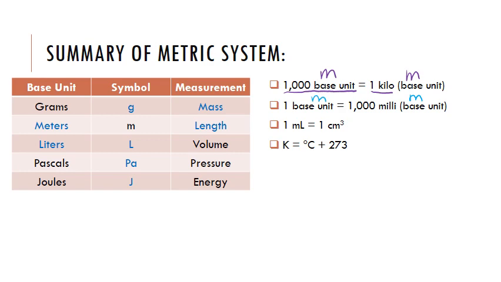So you've probably heard of other prefixes. For instance, another base unit we won't use in chemistry, but you might be familiar with in your life, is the byte. So we measure data on our phones and computers in bytes. You might have heard of megabytes. So mega is 1,000 times bigger than a kilo, so it's pretty big already. And then we have gigabytes, which are 1,000 times bigger than a megabyte.